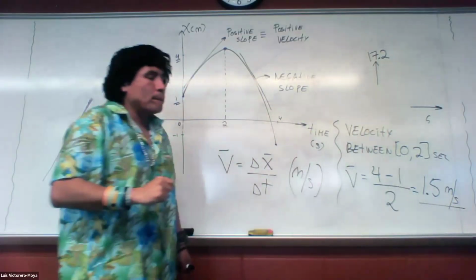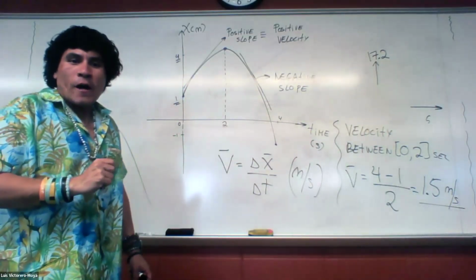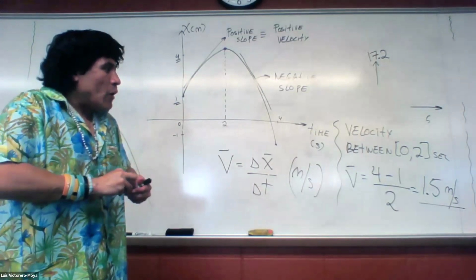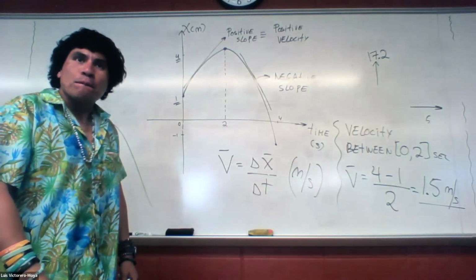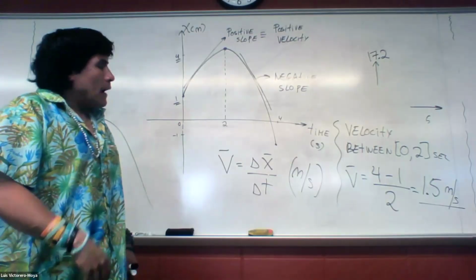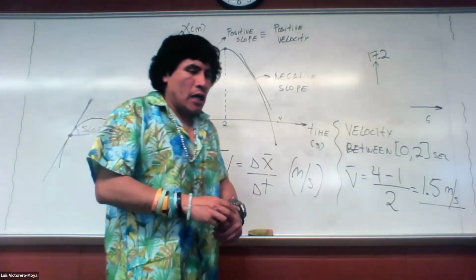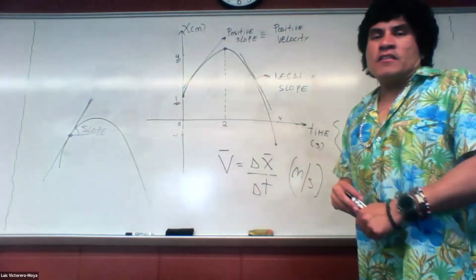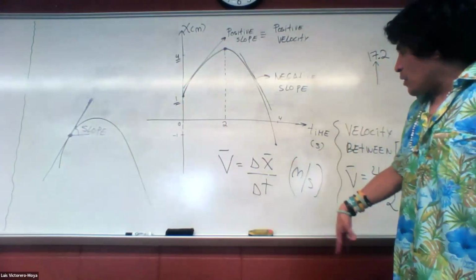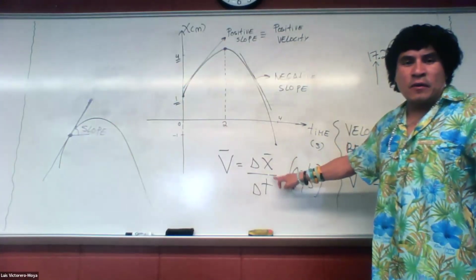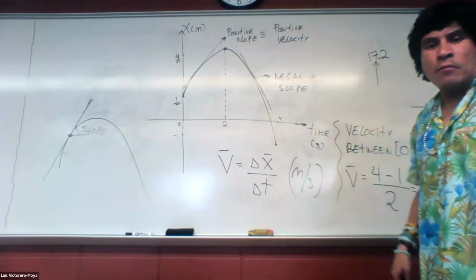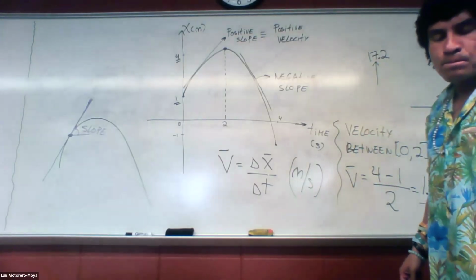Yeah, positive. Okay? That would be my velocity. And I showed you before how to find the speed, right? But for now, we're focusing on the velocity because velocity, again, is displacement over time. So that's how we label it. All right?